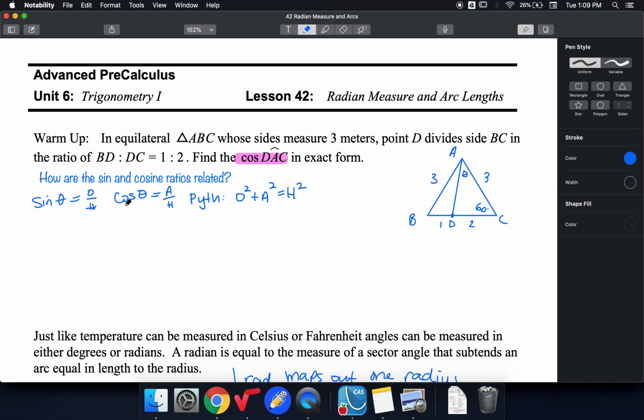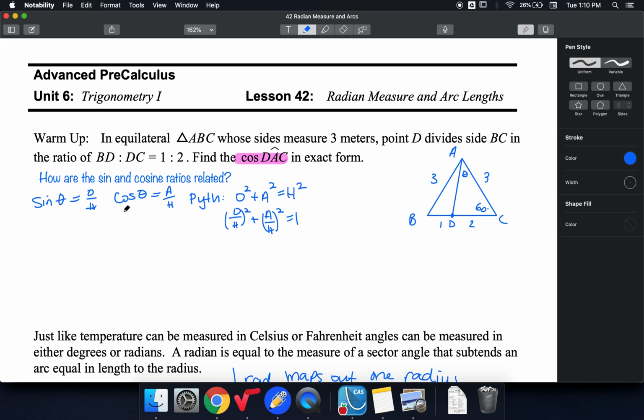So I can use this to help me. If I divide both sides by h squared, then I would get that opposite over h squared plus adjacent over h squared is 1. Well, this is sine, this is cosine.